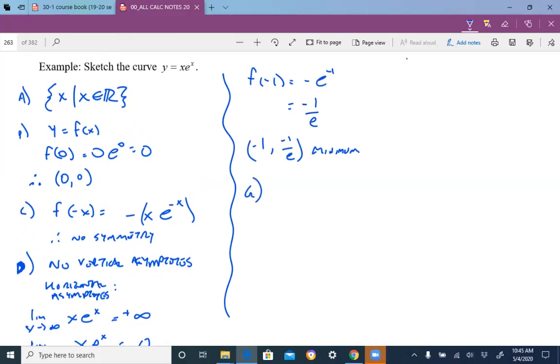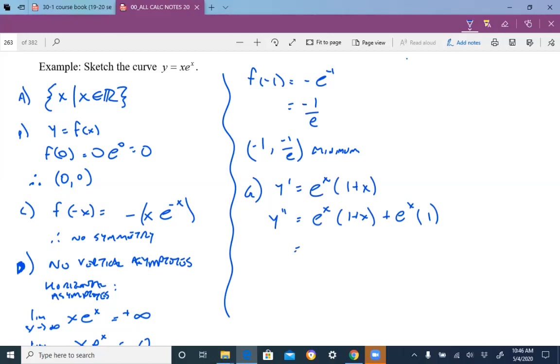Second derivative. So if y prime was e to the x times 1 plus x, then the second derivative will be, take the derivative of e to the x, product rule, and so times 1 plus x stays the same, times the derivative of 1 plus x, which is just 1.